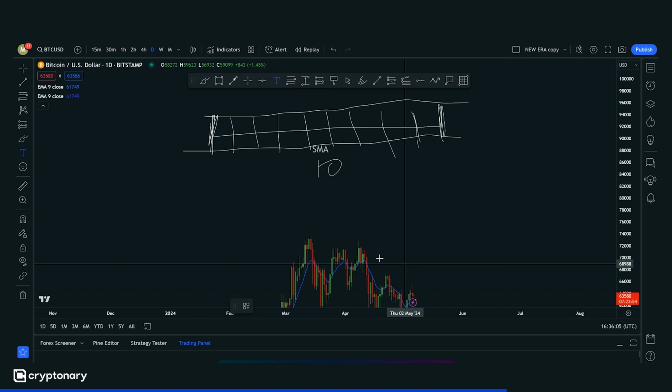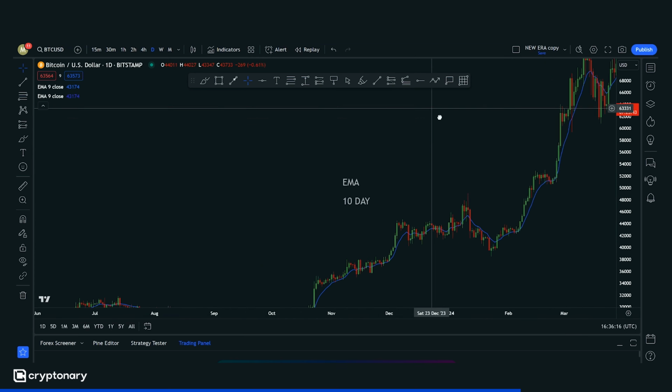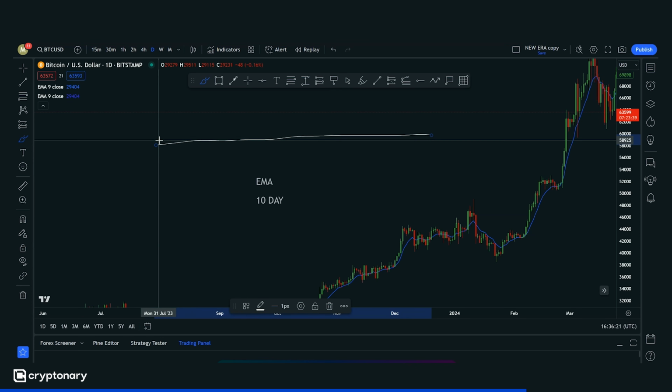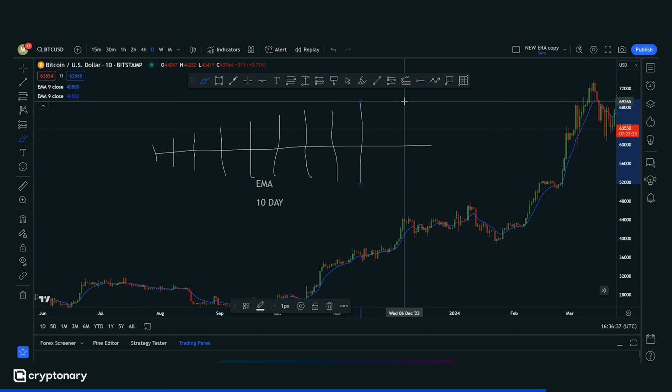Whereas the EMA, so if we do a 10-day EMA, exactly the same, just this is the exponential moving average. If you have your little 10-day thing, so we have 1, 2, 3, 4, 5, 6, 7, 8, 9, 10.